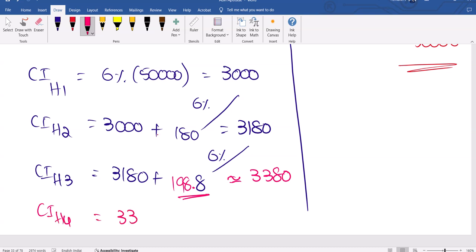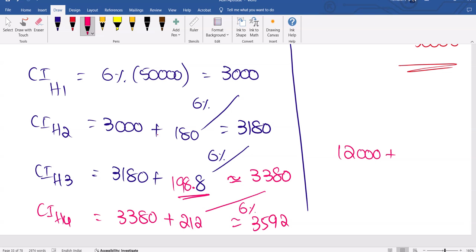Then 3,380 plus again 6% for that. I approximated that as 200 here. Previous one I took approximately as 200. It's around 212. I am giving approximation here: 3,580, 3,590. So all 3,000, it's 12,000.